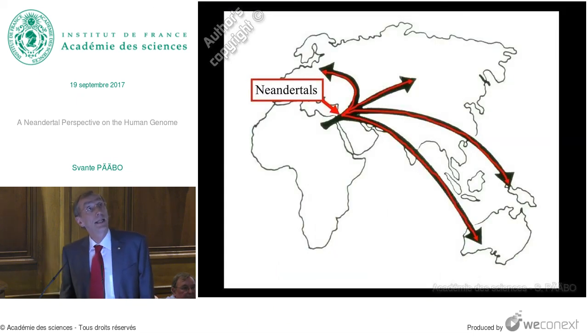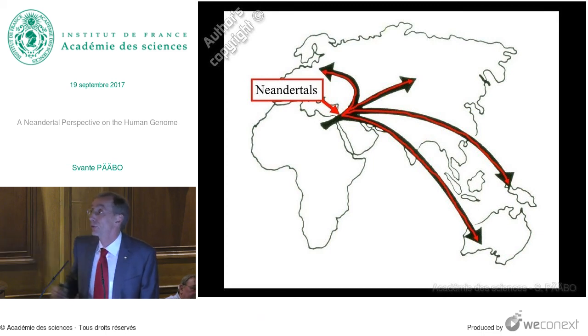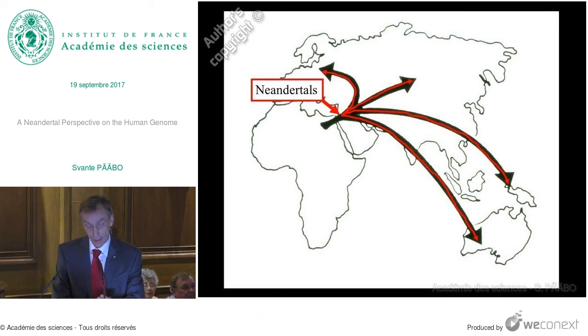That led to the idea that modern humans, when they came out of Africa, presumably passed by the Middle East, where we know there existed Neanderthals. So if these early modern humans mixed with Neanderthals and then became the ancestors of everybody outside Africa today, they could carry with them this Neanderthal contribution out to parts of the world where Neanderthals had never existed.